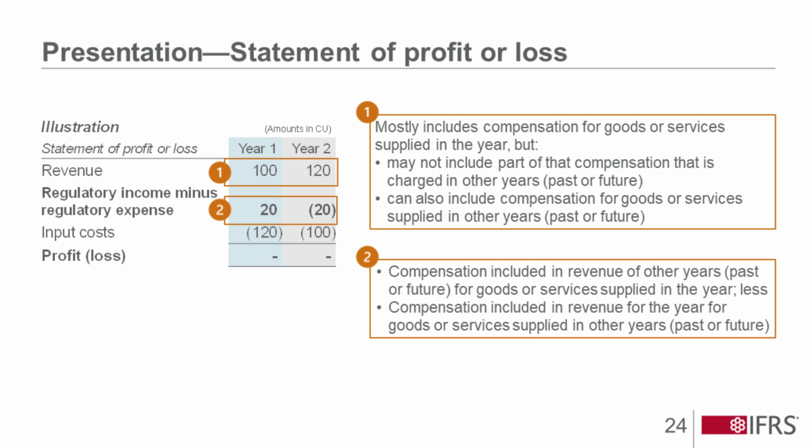And regulatory income includes items that will affect revenue in the future, that is, initial recognition of regulatory assets and fulfillment of regulatory liabilities. With that, the board expects that presenting regulatory income minus regulatory expense as a separate line item immediately below revenue would provide users of financial statements with the clearest picture of effects of regulatory assets and regulatory liabilities on the revenue line item.